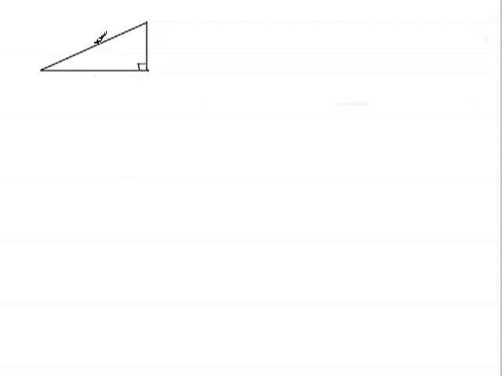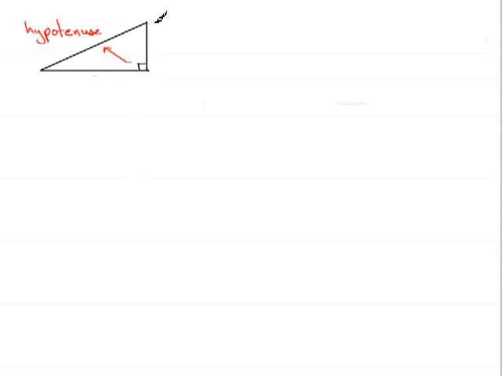But before we start, we need to learn the names of the sides of the right angle triangle. First of all, the side opposite the right angle, that's this side, is called the hypotenuse. So just write that in, the hypotenuse.